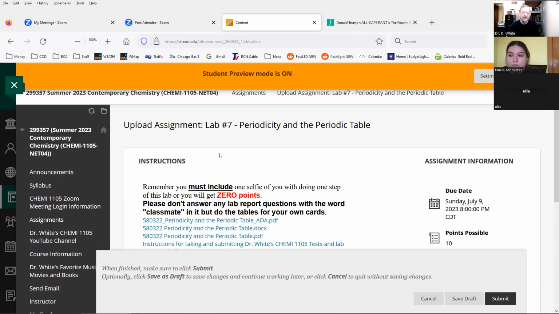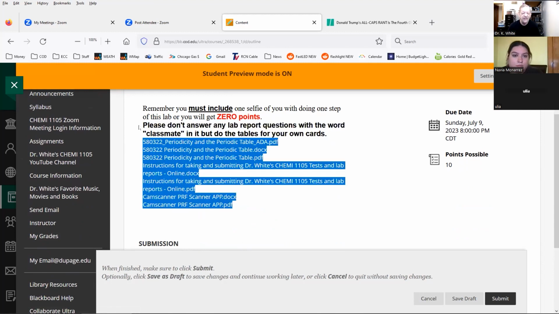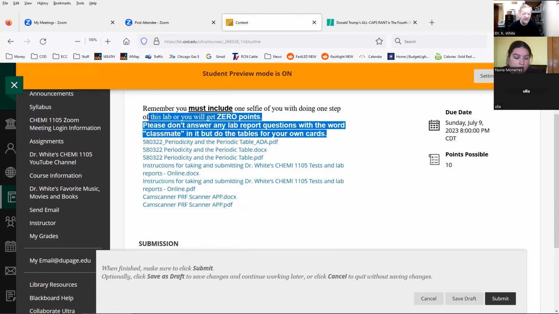Notice the lab we did on Monday, because we didn't have class yesterday. It says, please do not answer any lab report questions with the word classmate in it, but do the tables with your own cards.